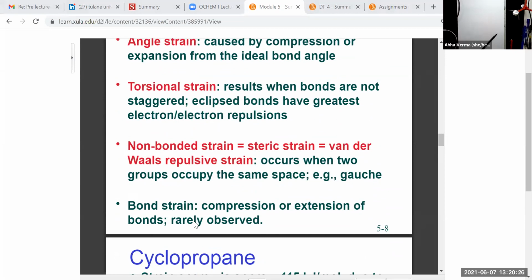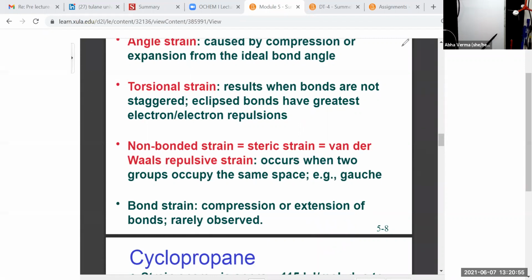Generally in IR, we see compression or expansion of bonds, but we cannot show those compressions or expansions in drawings. So for your choices, you will only be limited to deciding among these three types of strains. You don't have to worry about the bond strain.